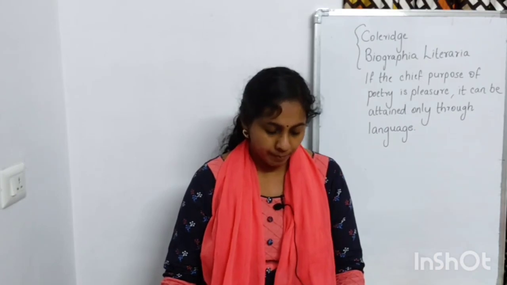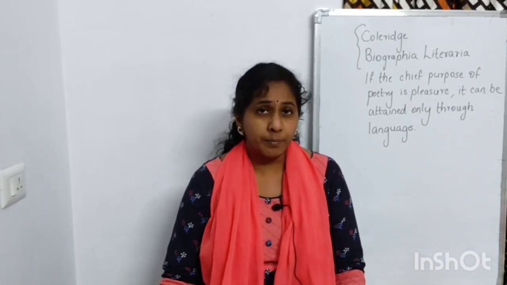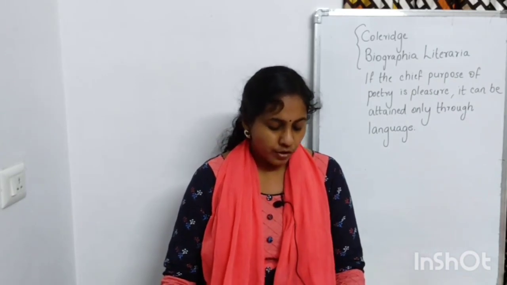Although Coleridge collaborated with Wordsworth on the Lyrical Ballads, they soon grew apart, which means that they had differences of opinion, and Coleridge also disagreed with his view that the language of poetry must be like ordinary language. So both of them collaborated in Lyrical Ballads. That is, Coleridge also had a part in compiling Lyrical Ballads.